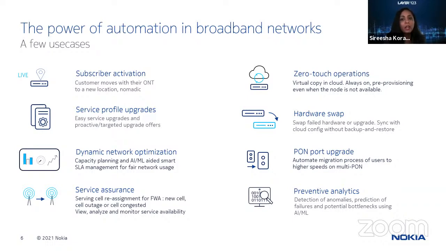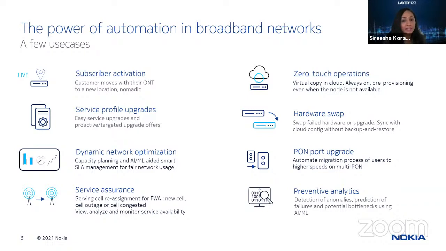Intent-based networking, workflows, and closed-loop automation also allow for other use cases like easy hardware swaps, PON port upgrades, or service profile upgrades, be it for marketing or targeted upgrades. All this has become very easy to do with all the workflows and policies, with the power of intent-based networking.